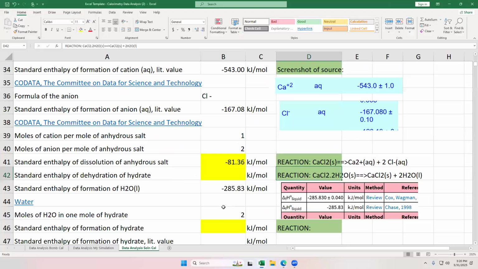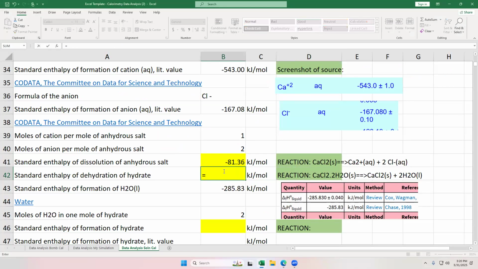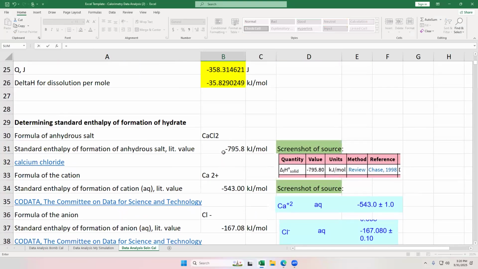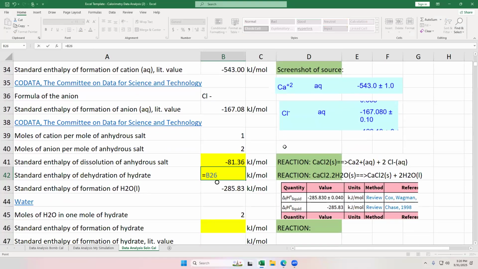So what's our formula here? This is the dissolution of the hydrate, which is this number right here, minus delta H for the dissolution of the anhydrous. So it's 45.5. Is it reasonable for the dehydration of a hydrate, removing the water of hydration, to be endothermic?